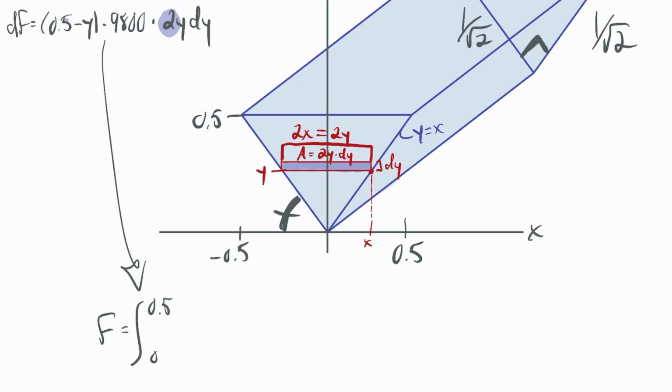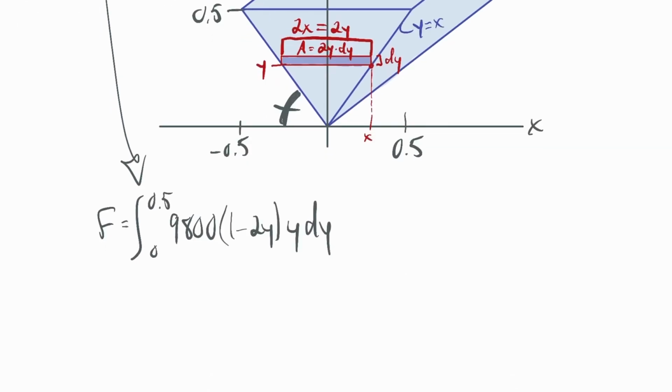So 9,800 times 1 minus 2y times y dy. Not a big difference, but maybe a little bit easier. So I'll move the 9,800 out front and then distribute the y, so y minus 2y squared dy.